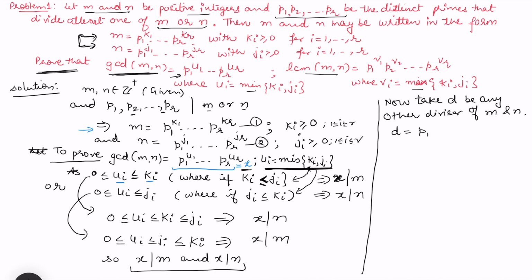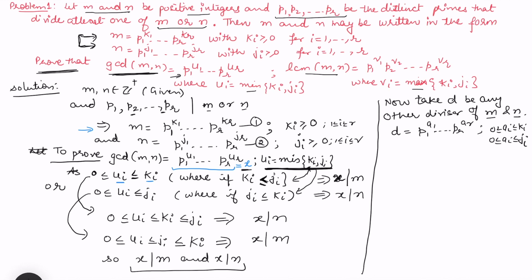And if it is any other divisor, we know how this divisor looks. It will take the form p1 to the power a1 up till pr to the power ar. Because it is a divisor of both, these ai must be less than or equal to ki, and these ai must also be less than or equal to ji.